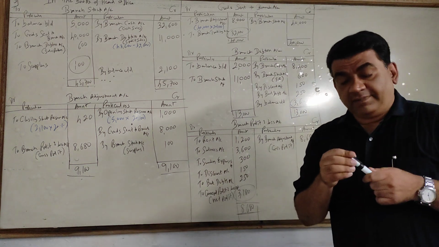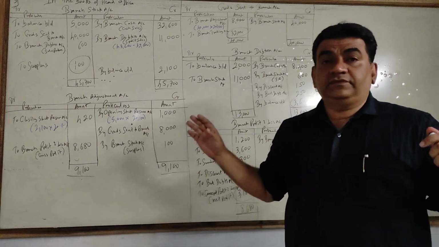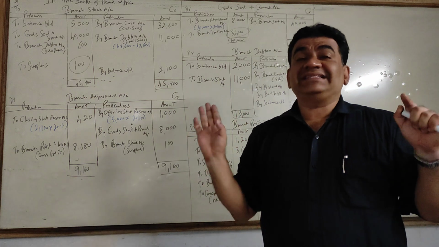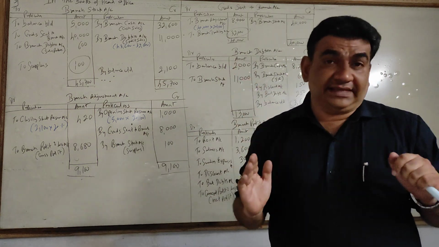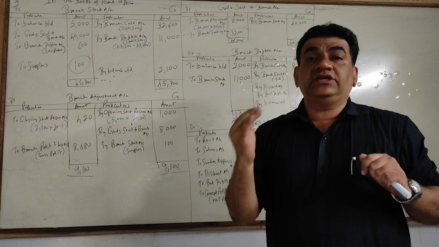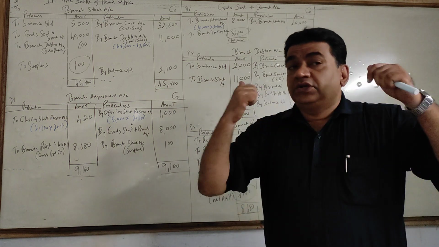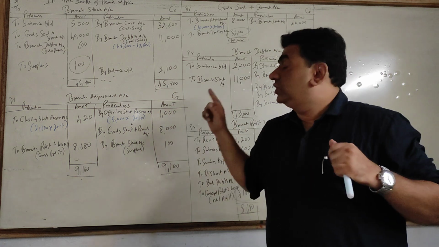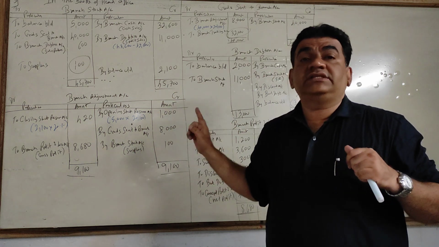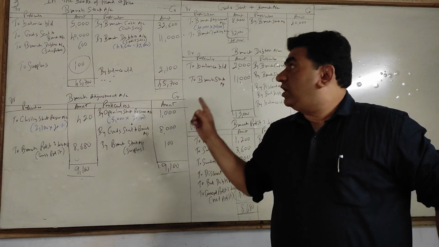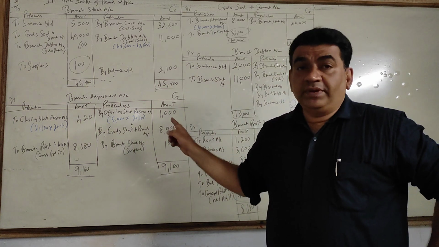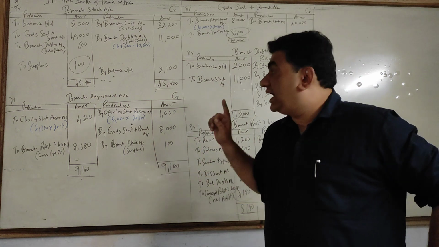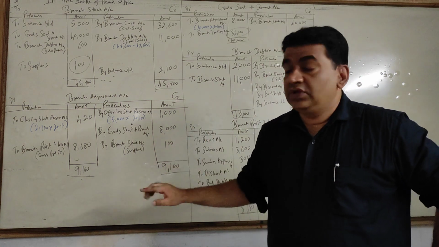Clear guys? I'll repeat. First sum of the second method where the goods are sent at invoice price. Invoice price includes profit. To record that profit, we open a separate account called branch adjustment account.